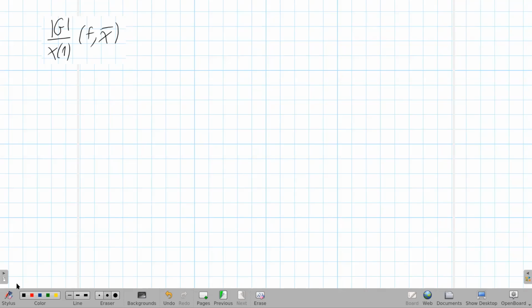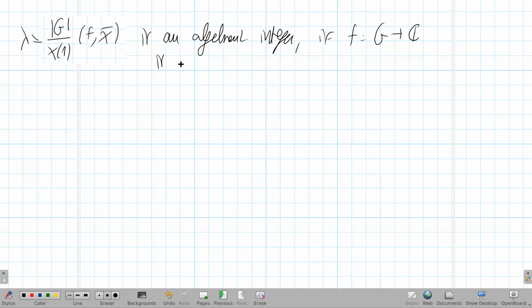So this is lambda. And we know that this is an algebraic integer, if f from G to C is a class function, so a function that is constant on conjugacy classes, whose values are algebraic integers.